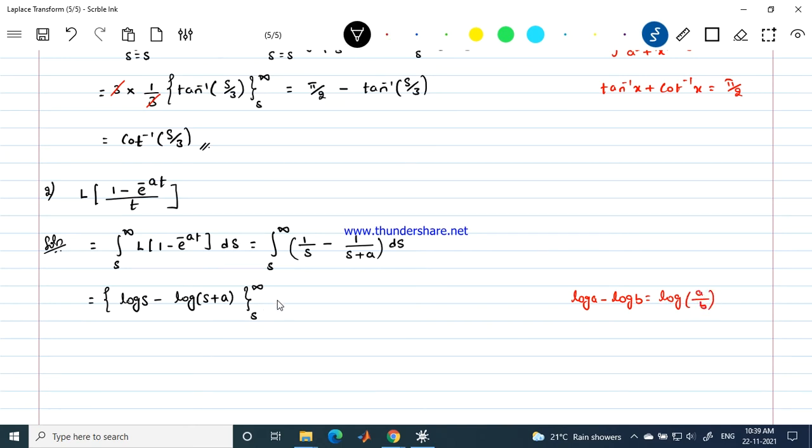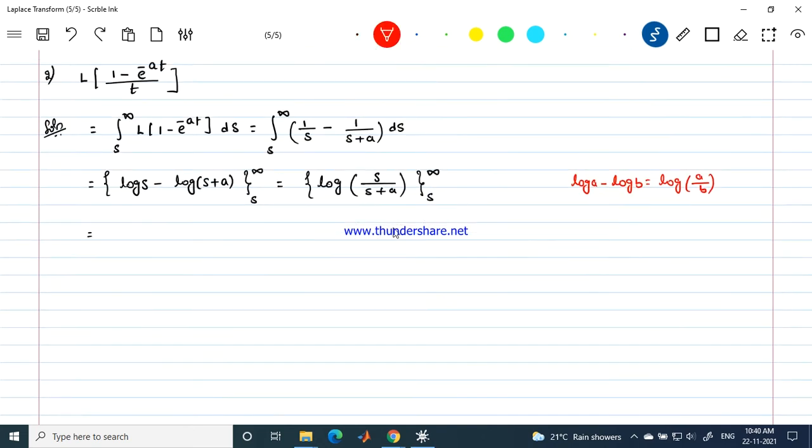So I will rewrite this one as log of s upon s plus a between s and infinity. We still have an issue in substituting the upper limit as we are getting log of infinity by infinity.